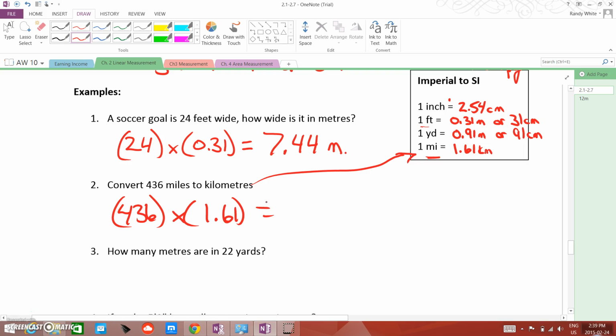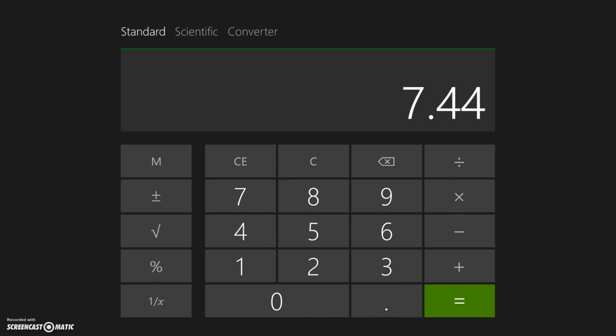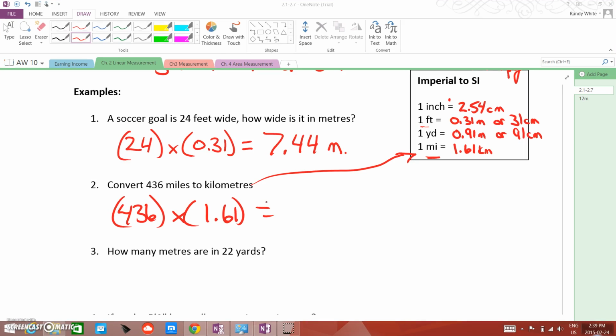So I take 436 times 1.61, and I get 701.96. Which makes sense because a mile is longer than a kilometer.